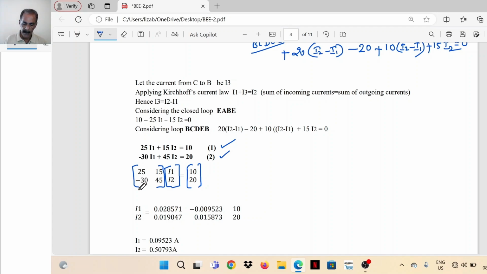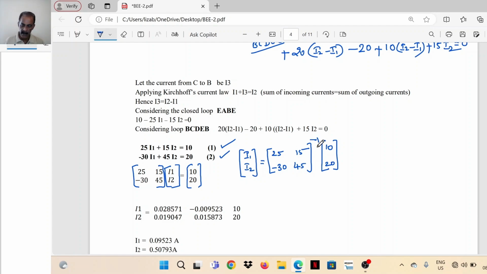So 25, 15, minus 30, 45 into I1, I2 is equal to 10, 20. Now I1, I2 is equal to the inverse of this matrix into 10, 20.